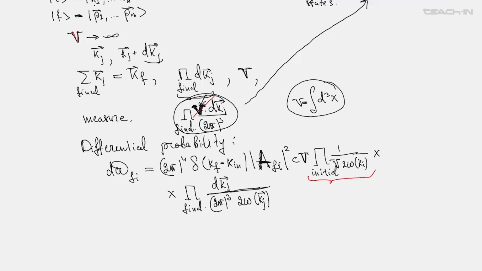I will come to this a little bit later. Information on the particular scattering process is not sitting in these measure factors. Information about the physical scattering process itself, meaning information about local interactions of particles, sits in this quantity, the scattering amplitude.